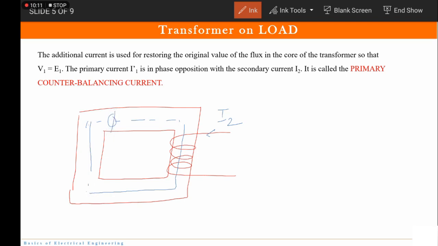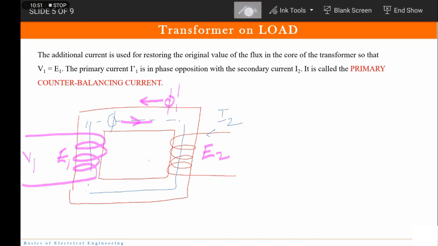But this I2, when it flows through the transformer core, sets up its own flux, phi 1 dash. This phi was flowing in this direction, and this will oppose the cause, so phi 1 dash will flow in the opposite direction. Here we have E2, and here we have E1 and V1.